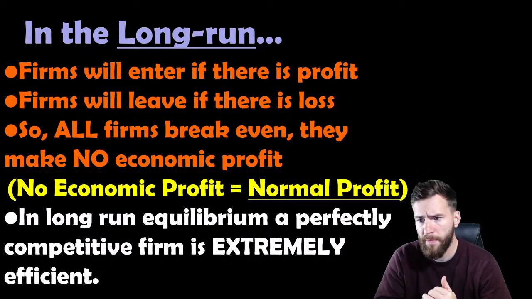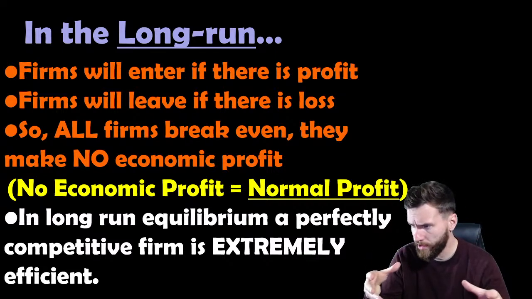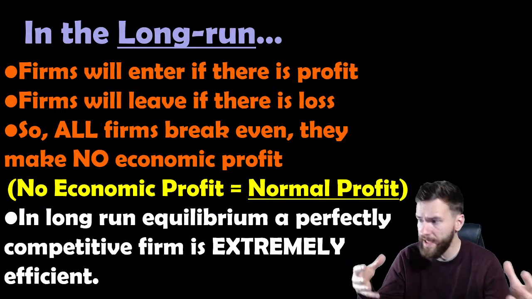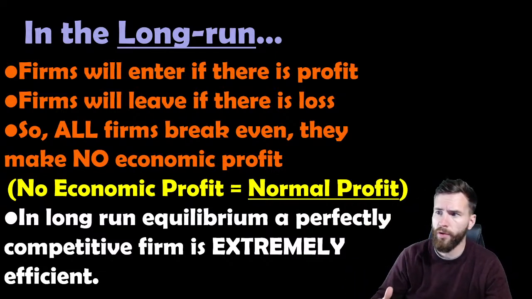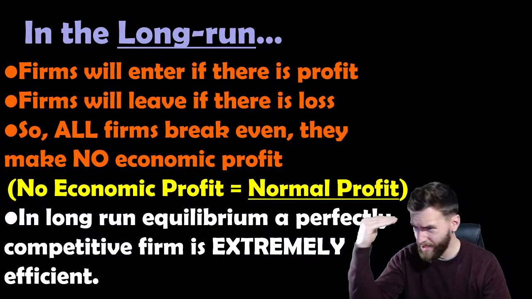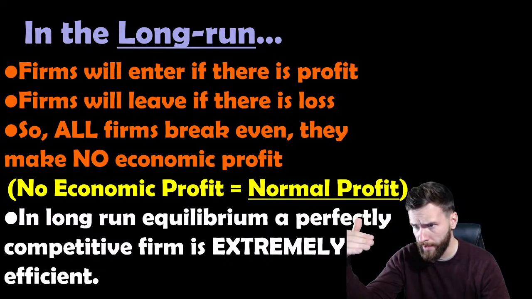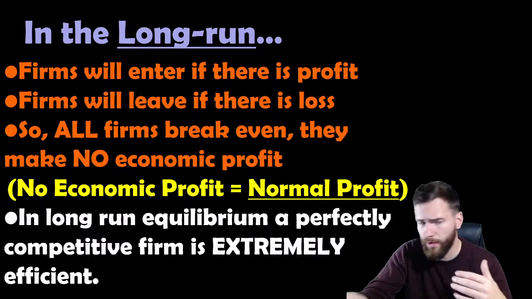So if there's profit being made, other firms are going to join, they're going to replicate that production of that good, and they're going to compete with the existing firms. So if profit's being made, firms enter, they're going to go to normal profit, right? If firms are making losses, they're going to leave till there's normal profit being made, right? So in the long run, there's no incentive to enter the industry or leave the industry, right?